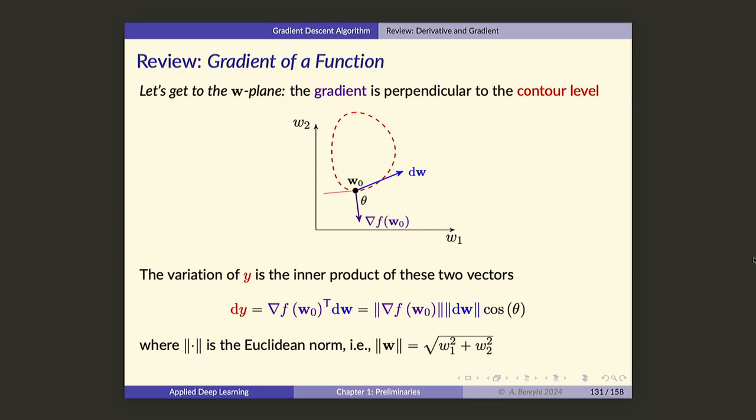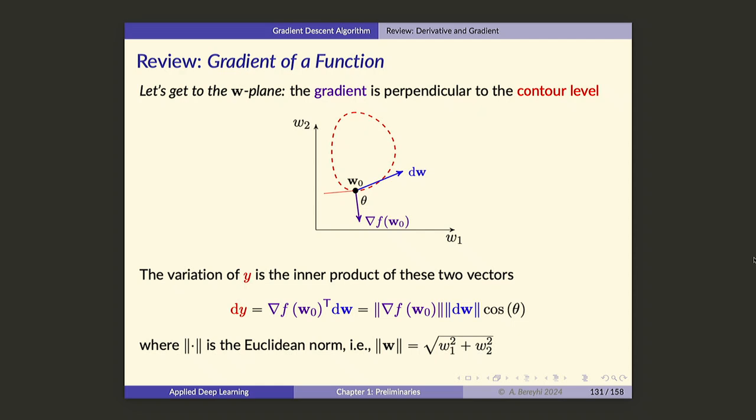And since it's in 2 dimensions, we can still use what we know from vectors in 2 dimensions. And I can say that this difference, which is the inner product, I can write down in the form of the magnitude of this guy, the length of one vector, the length of the purple vector, times the length of the blue vector, dw, times the cos of the angle between them, right?